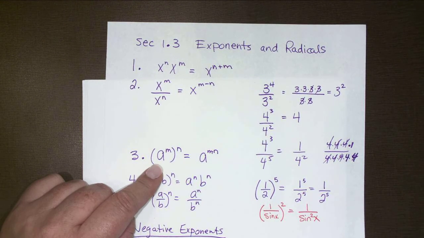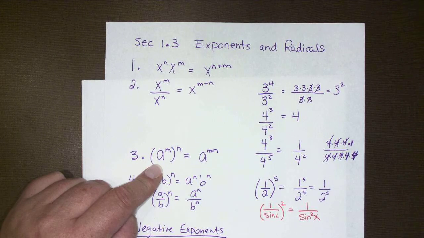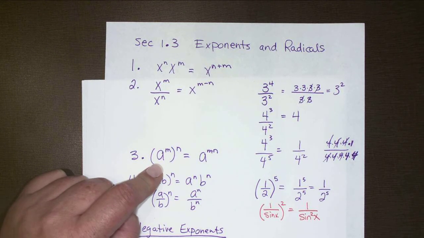You need to say something for that rule. You don't just look at the rule, (a^m)^n = a^(mn). You're not going to remember that. You need to say, okay, if there's one base and then there's two exponents that are touching, whatever you want to say that will help you to remember, then you multiply the exponents.